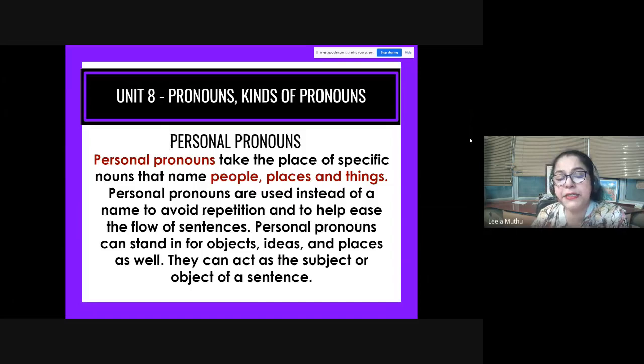So let's go to personal pronouns. Okay, now personal pronouns has quite a bit in it, but since you are using these pronouns every single day from the time you were growing up and you learned how to speak, and you've been using these pronouns all your life. Okay, so right now you're just going to be learning about it in more detail.